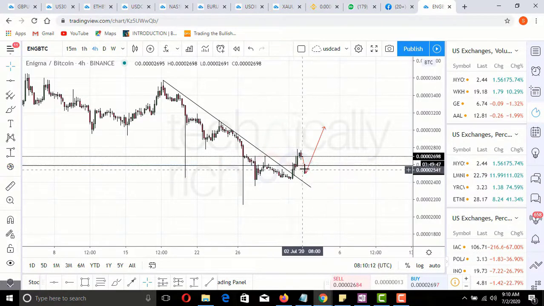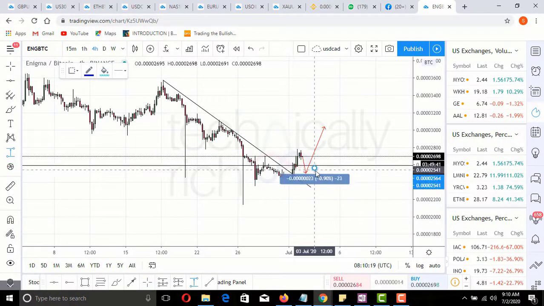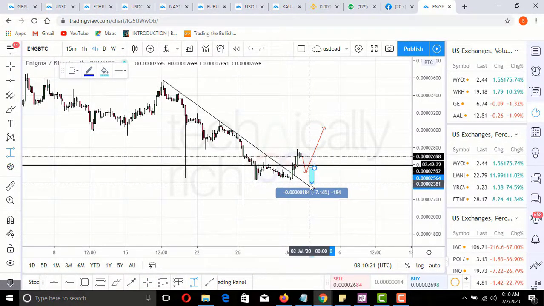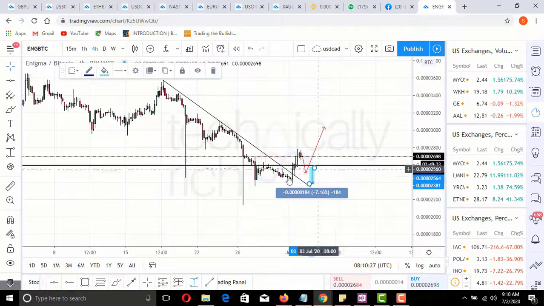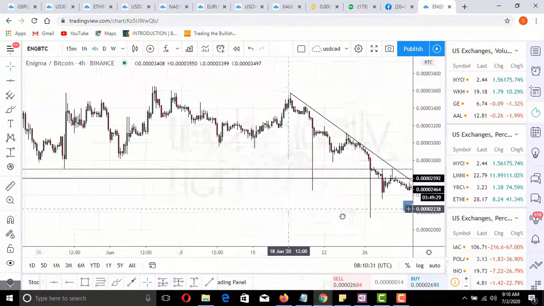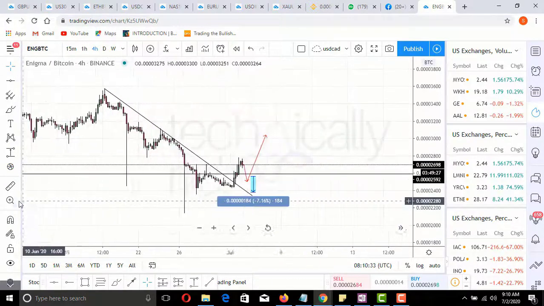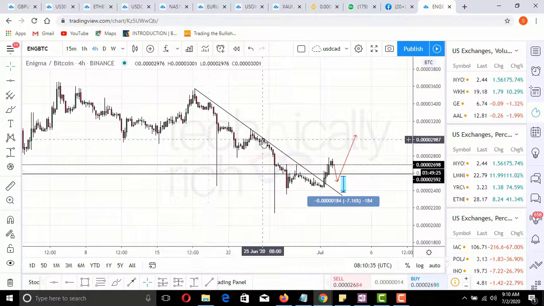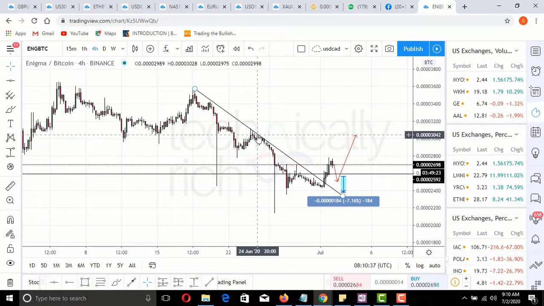And then if you're buying from anywhere around here, your stop loss is around somewhere like here, and your take profit is going to be at the next resistance that is above this horizontal line here, this most recent one. At the next resistance, you can see clearly is this one. Okay, this is the next resistance moving forward.